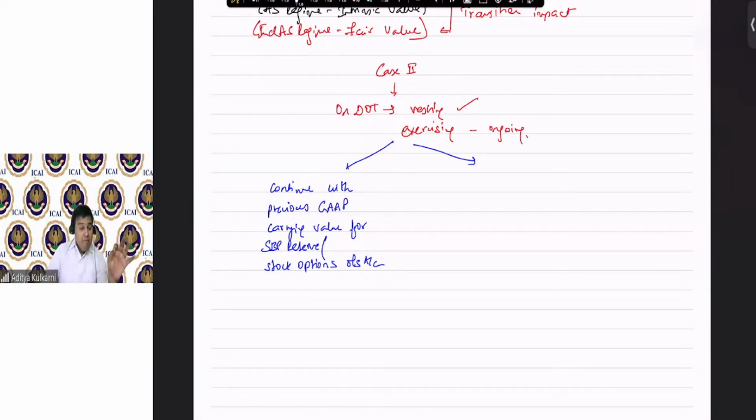Okay. So therefore, this is an option which is given. There may be some companies who say, we are doing a transition, so we want to do the transition properly. We want to do 100% transition.